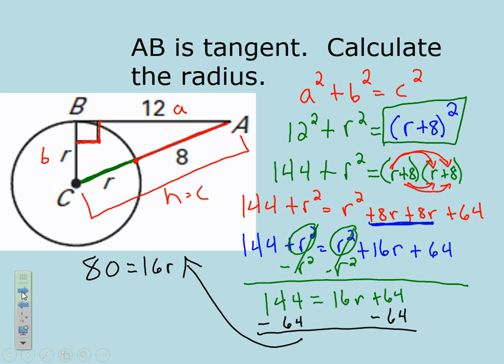Now to solve this, I'm going to divide both sides by 16. And my radius, ladies and gentlemen, is going to be 5. So you will have a problem like this, so make sure you know when you square something, it means we're multiplying it times itself. All right, here we go.